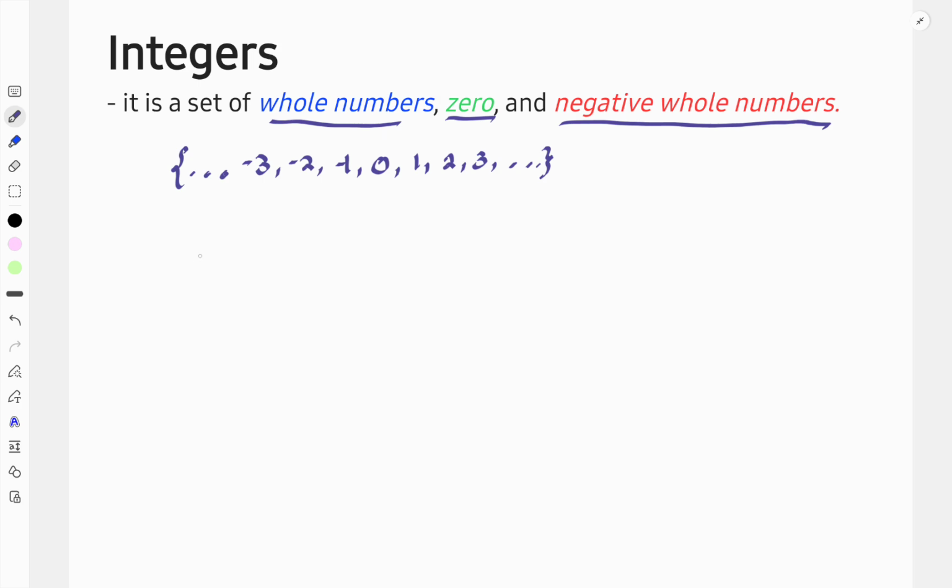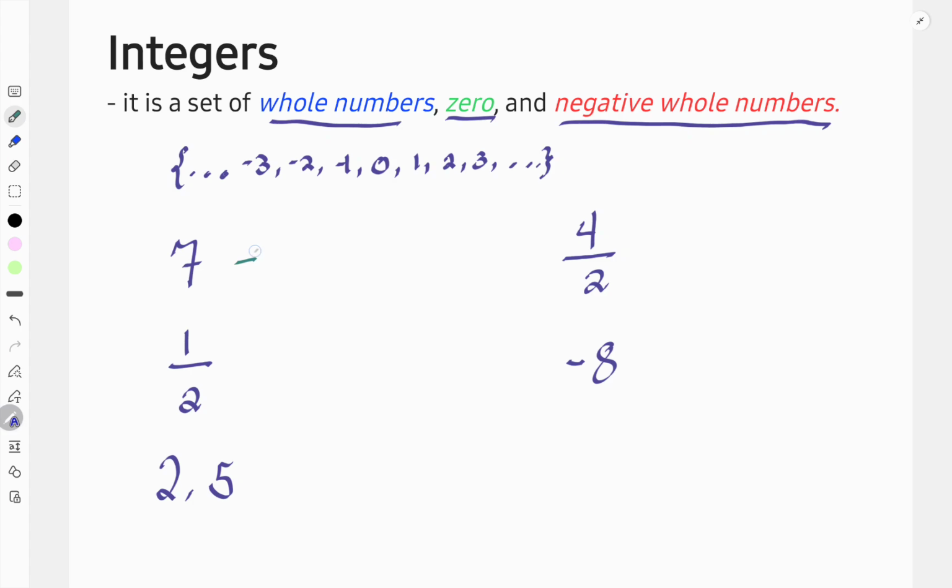So let's have some examples. So I have here these numbers. And this one. Okay, now, this is an integer.